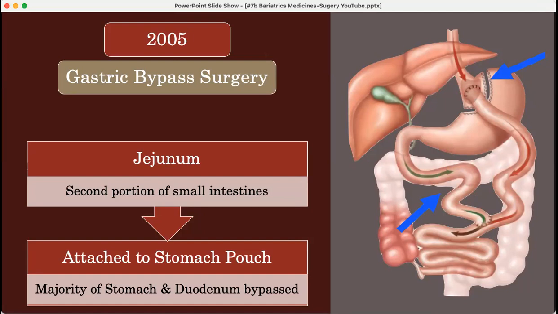And then from there, the jejunum and duodenum connect together and go into the ileum. So this is why it's called a bypass surgery. The other name for this is a Roux-en-Y. The term Y is used because it has the shape of a Y. The small bowel is turned into a Y-shaped structure.